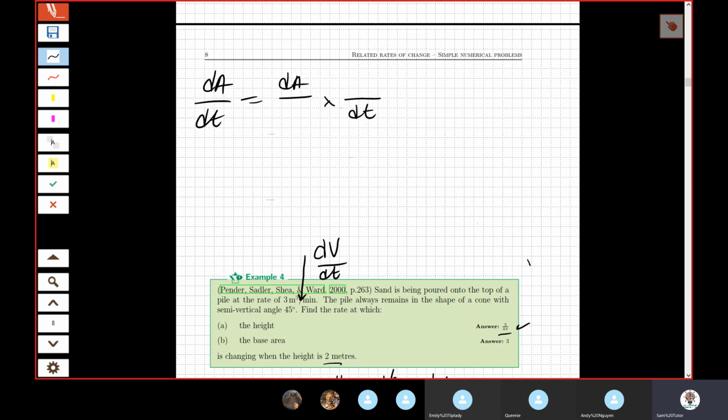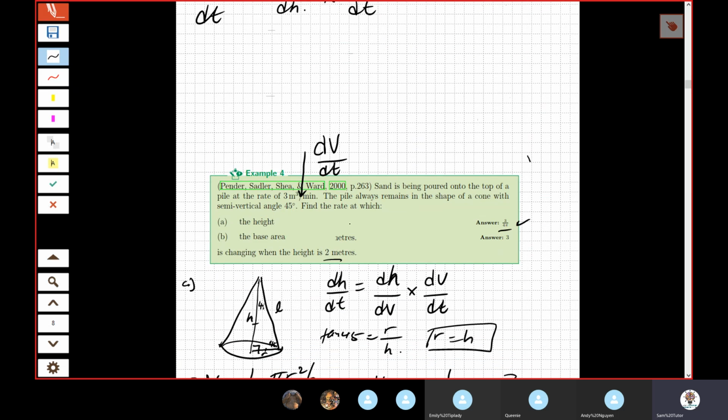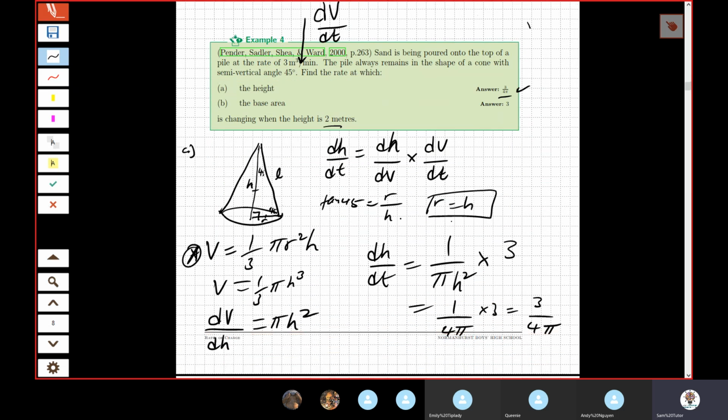You've got dV on dt. You wouldn't want to use dV, right, Sam? You probably would use dH on dt, what you just found. So I just found the height is changing at 3 on 4 pi.